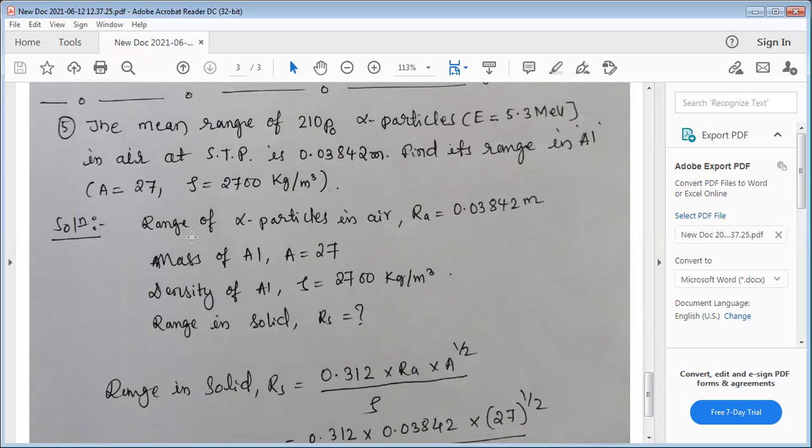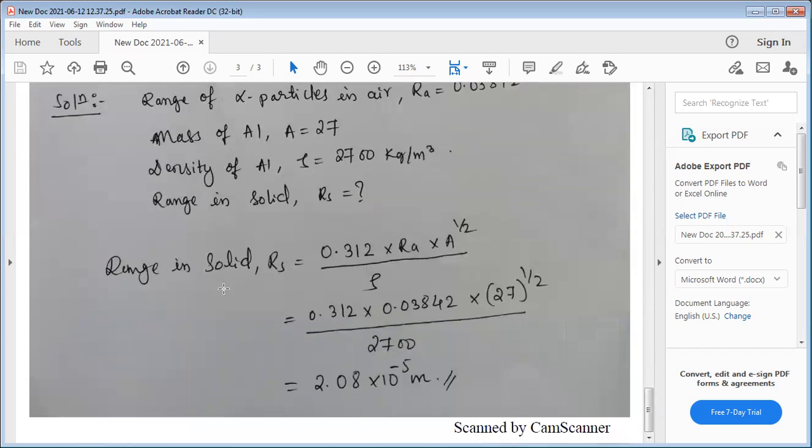So given that the range of the alpha particle in air Ra is equal to this much, the mass number of aluminum is 27, and the density of aluminum is 2700 kg per meter cube, and the range in the solid we have to determine.